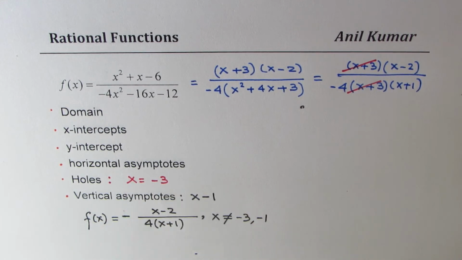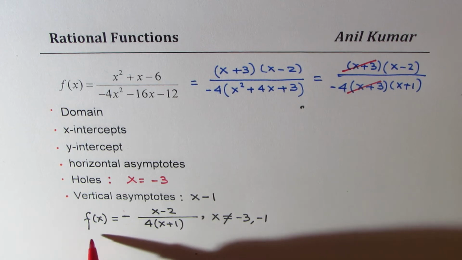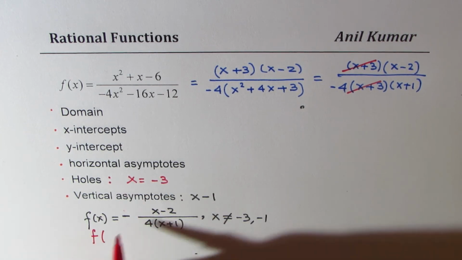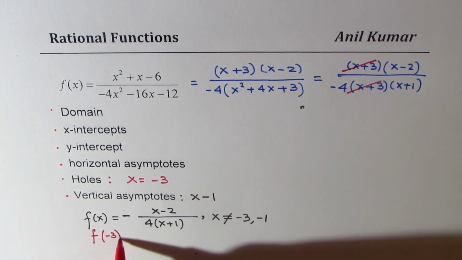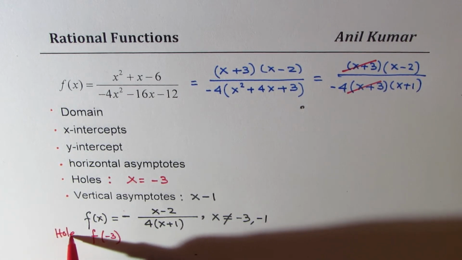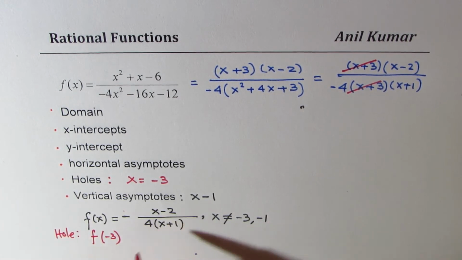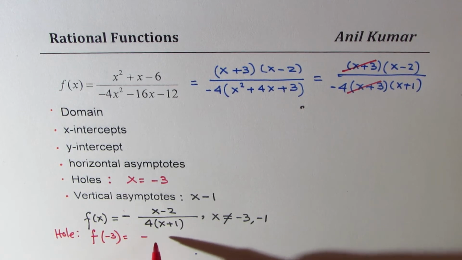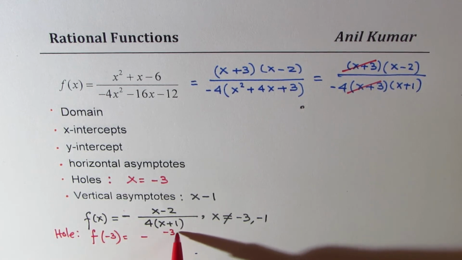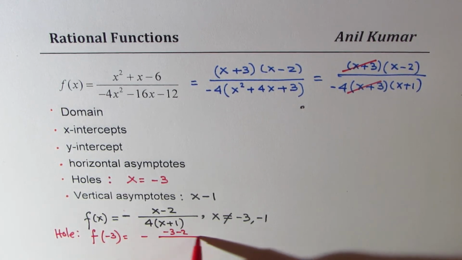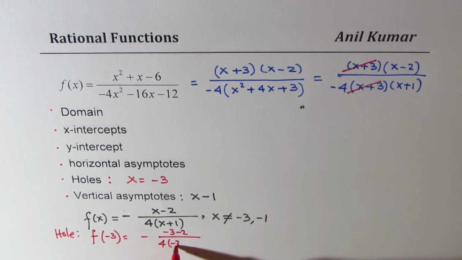Now for the hole, it is very important to give the point itself. So let's find the value. What is the value when x is minus 3? If I substitute minus 3 here, I get minus of (minus 3 minus 2) over 4 times (minus 3 plus 1).